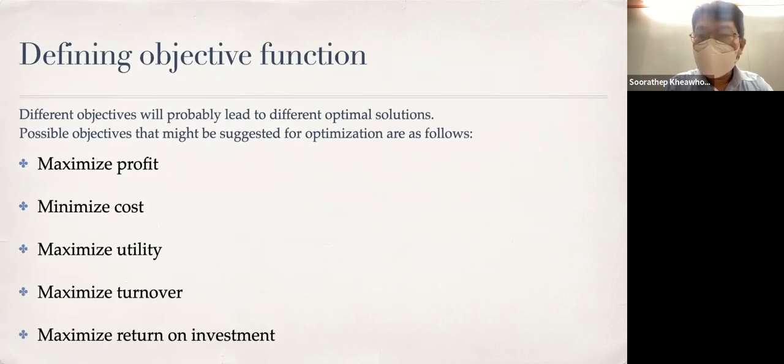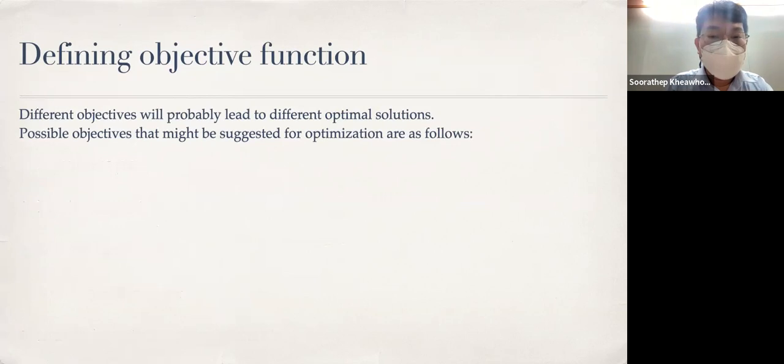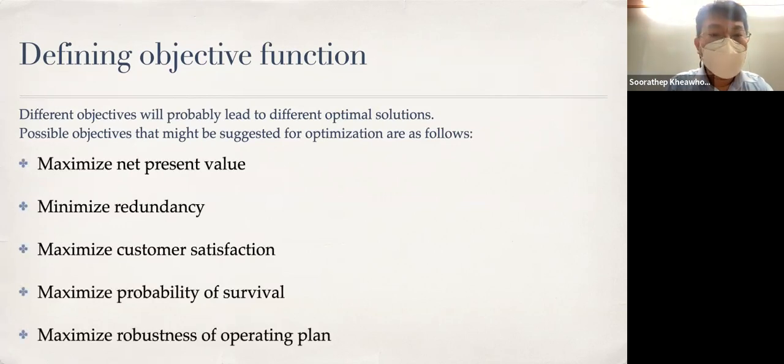And we talked about how to define the objective function. There are a number of ways to define the objective function. Here I list some of the functions that people usually use.